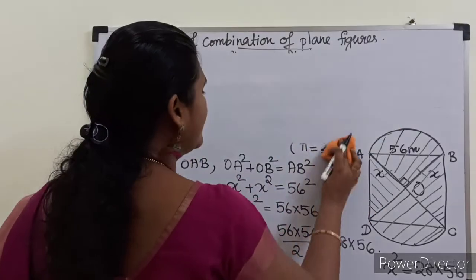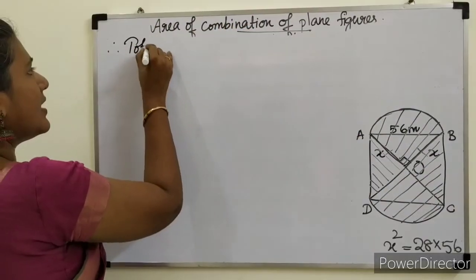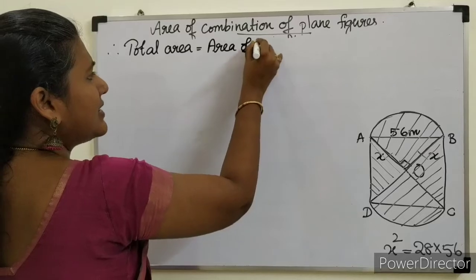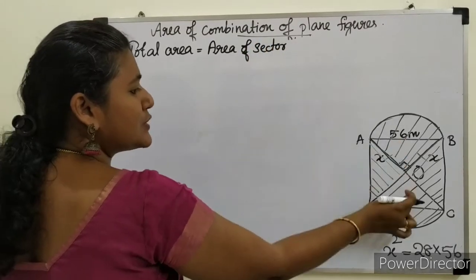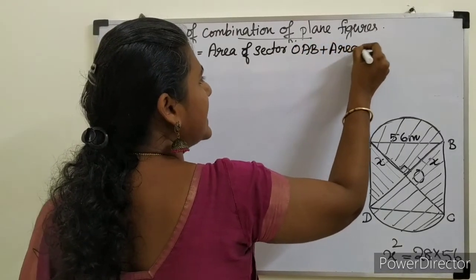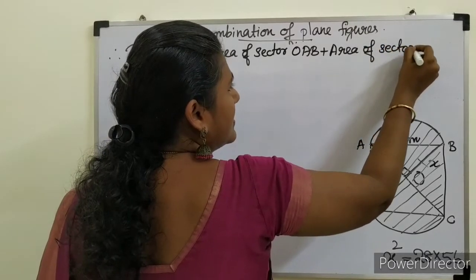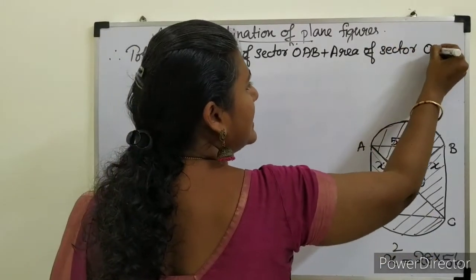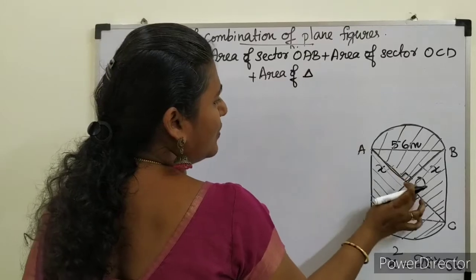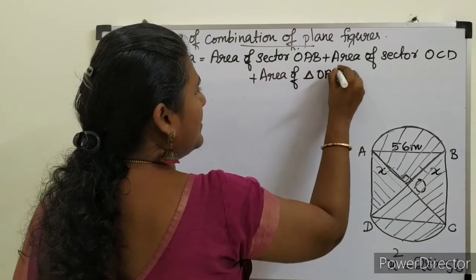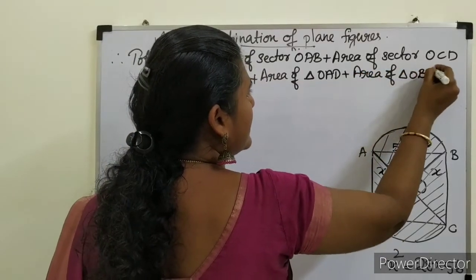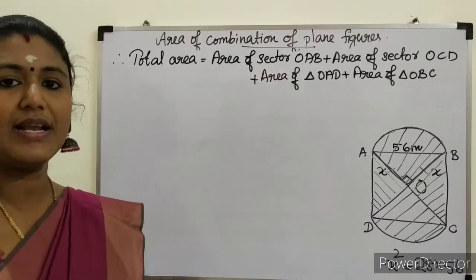Therefore, total area is equal to the area of sector OAB plus the area of sector OCD, plus the area of triangle OAD, plus the area of triangle OBC. We add these four so that we get the total area.